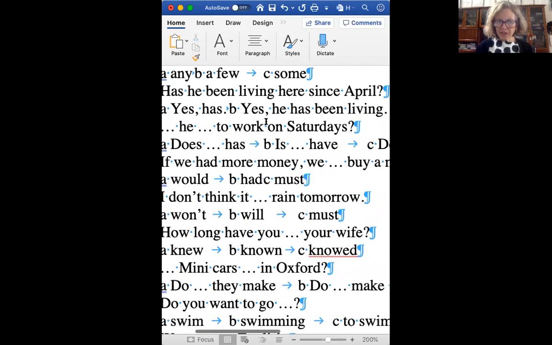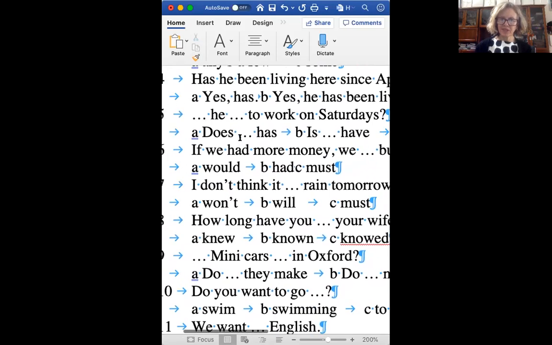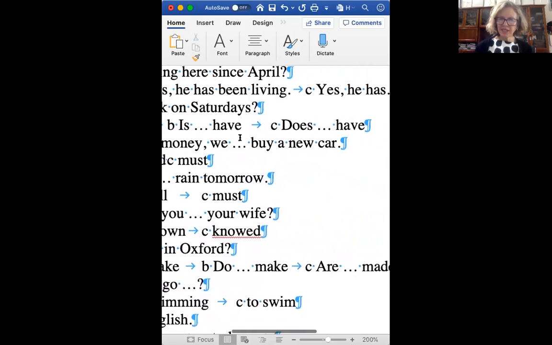To work on Saturdays. Now, this is a present simple tense. So present simple is it did, does, has done. So if it's present simple, is it does? Yes. So does he? And then, so if it does, we want the verb have, and it's not the main verb, it's an auxiliary verb.